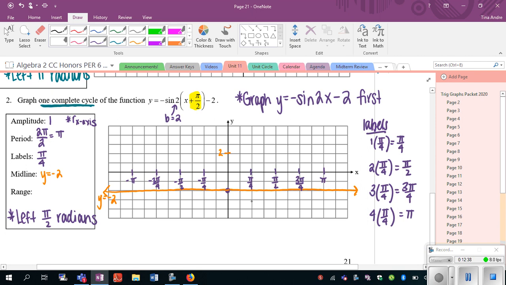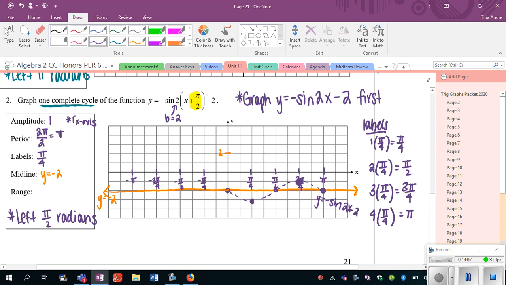So it's going to be down 1 unit, then back to my midline, and then we're going to go up. So this one's kind of hard to see. I'm going to make that point extra big just so I remember to include it, and then back to the midline. So when I do this dotted, I'm going to write this equation, y equals negative sine 2x minus 2.